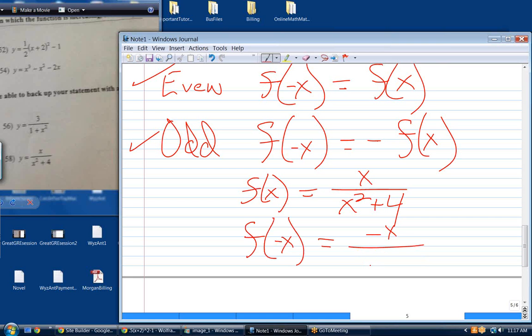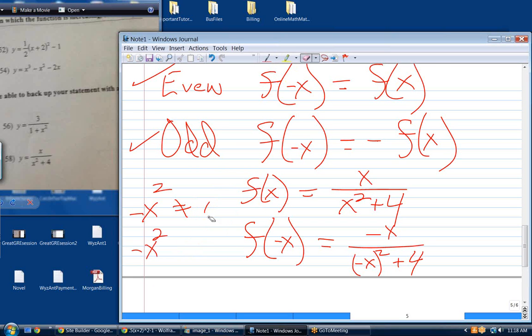Now when you say negative x squared, it's not this. It's this. In other words, you kind of need to say the quantity negative x squared. Verbally, you need to be able to distinguish minus x squared from the quantity minus x squared, because they both have different meanings. One's going to end up x squared, the other's going to end up minus x squared. In other words, this is not the same as this. This is still minus x squared, whereas this becomes x squared.